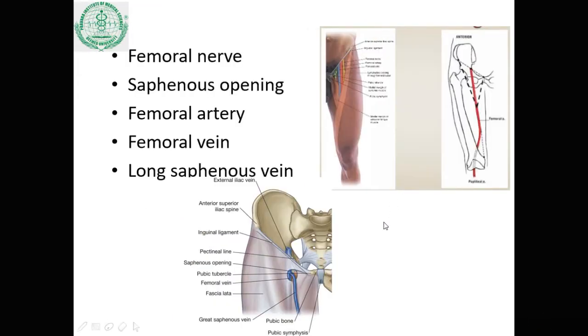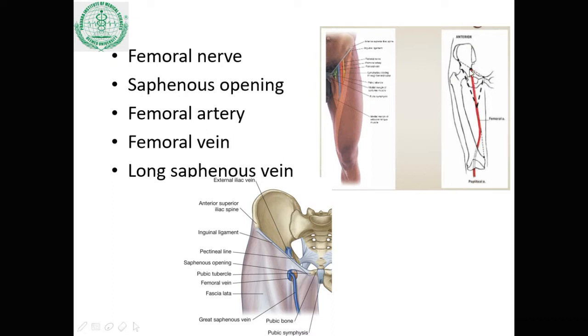Now moving on to the very important vessels, the femoral artery. The femoral artery is palpated at the mid-inguinal point. Very important thing, it is palpated at the level of the mid-inguinal point. Now what is the mid-inguinal point? The midpoint between the anterior superior iliac spine and the pubic symphysis.